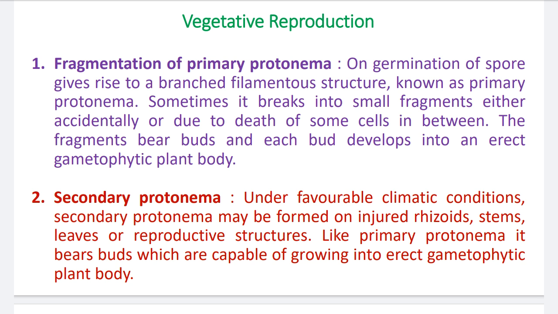Like primary protonema, it bears buds which are capable of growing into an erect gametophytic plant body. They have the ability to regenerate and produce a new individual gametophytic plant body of Funaria.